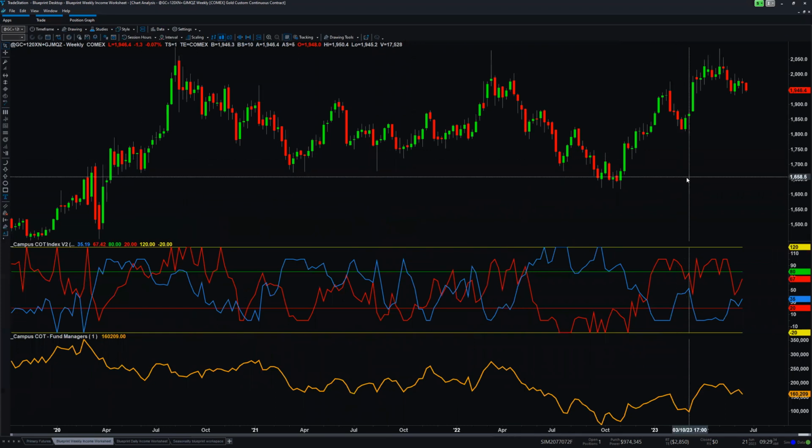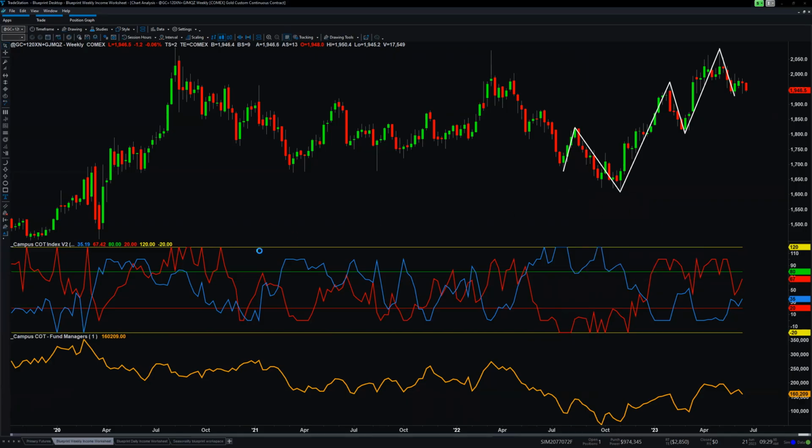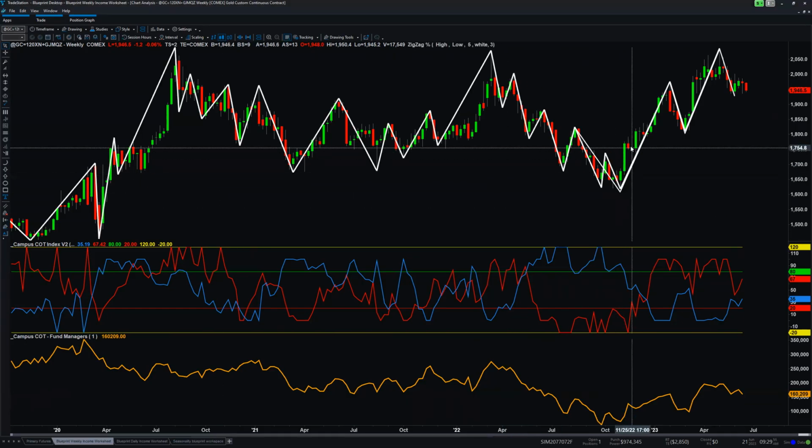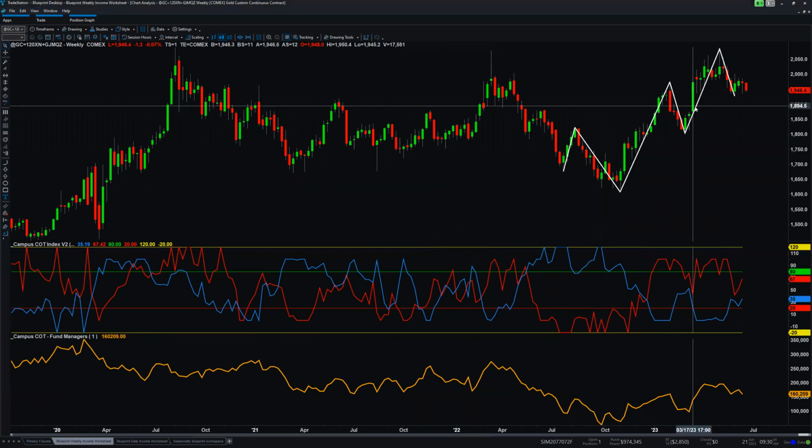So in terms of trend, let's just double check that against the zigzag. Yep, looks about right. The only change is kind of here, but it doesn't make a difference to me. So what do we have?